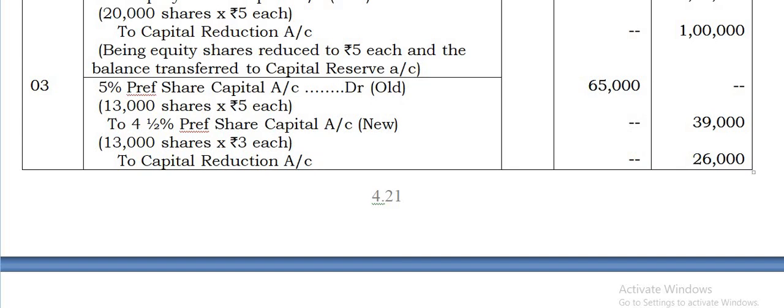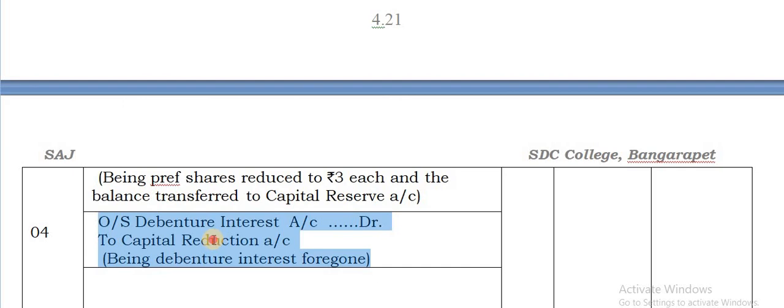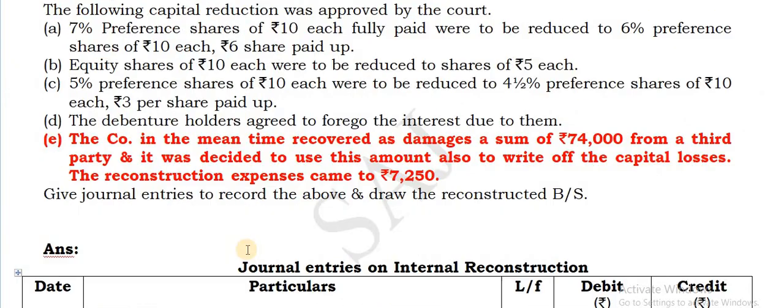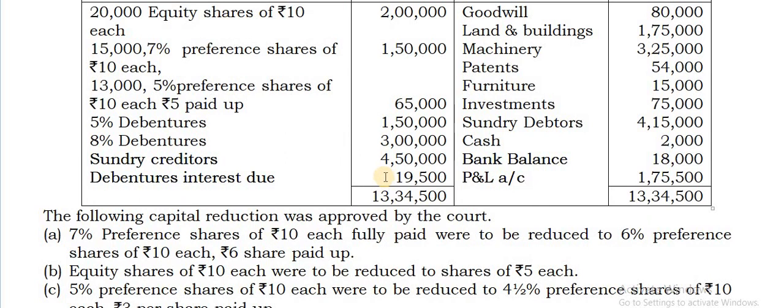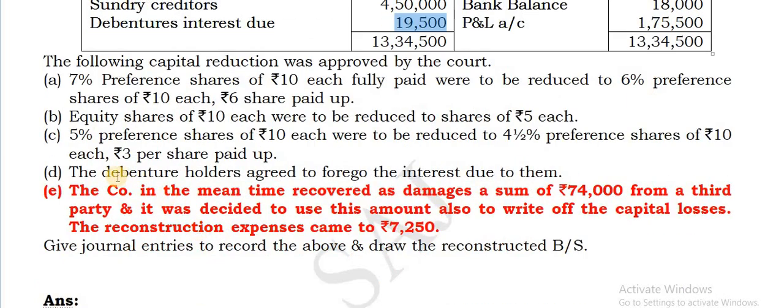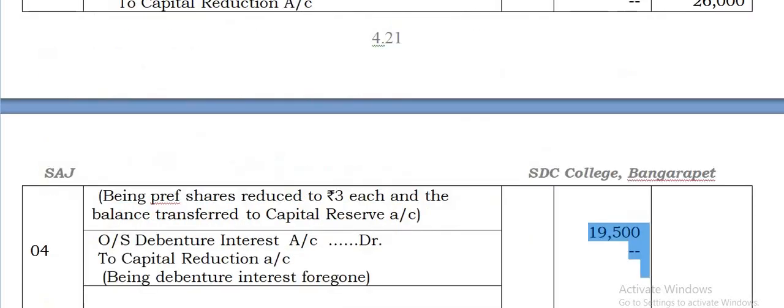Next, coming to the fourth entry for cancellation of the debentures. So outstanding debentures or debenture interest account debit to capital reduction account. So this is what I said, whatever the amount of debenture interest being cancelled. So for that is the next entry, 19,500.